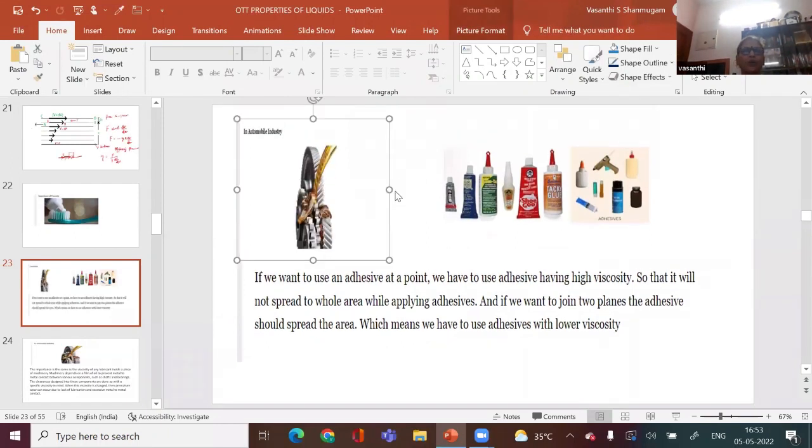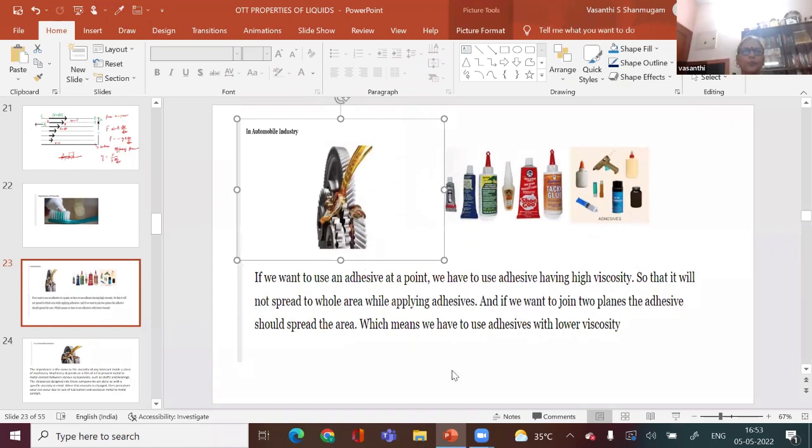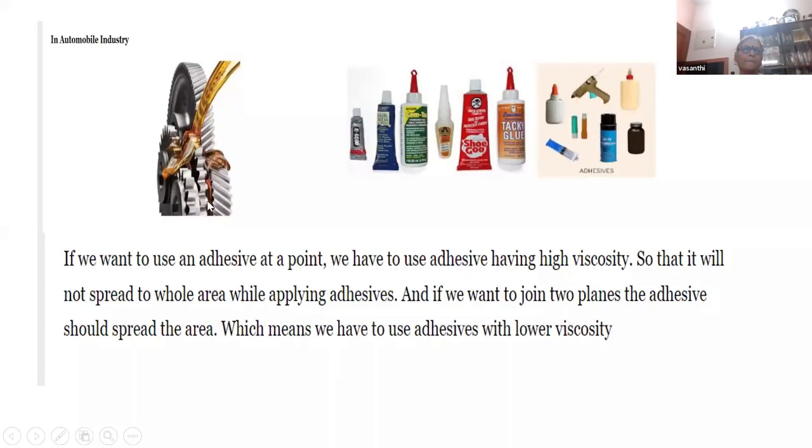And in machinery, we use lubricant. What is the function of lubricants? Reduce the friction between two moving parts. Okay.